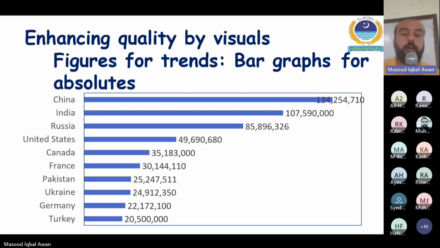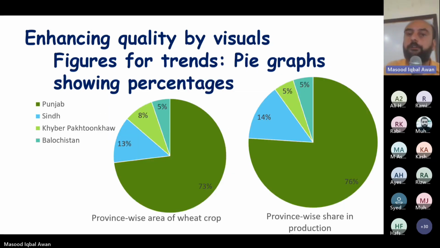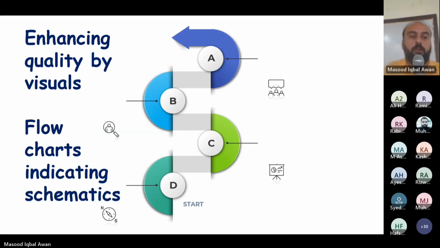We use bar graphs where the absolute numbers or absolute values are important. We use pie graphs where we are showing percentages. We can use flowcharts if we are describing the schematics of a particular process or different sections.